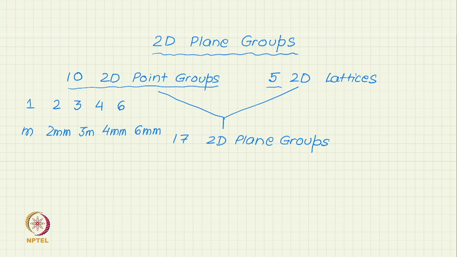After that we were, so since it is a point group, one point is left unchanged. So, automatically translations are not allowed. So, in all these combinations, the mirror plane and the rotation, we are looking at symmetries which will leave some points unchanged, and in the case of 2 mm, 3 m and so on, where you have both rotation axis or rotation point and mirror, they should all pass through the same point to leave that point unchanged.